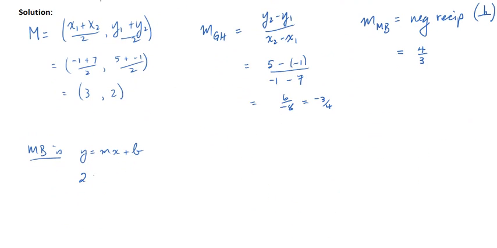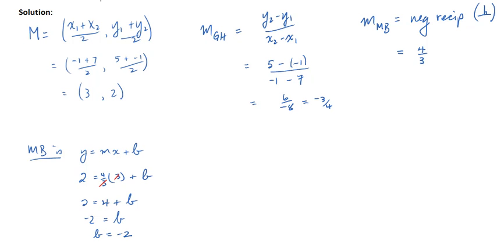So 2 goes there and 3 goes there. The value of the slope is 4/3, and B we don't know. So here, the 3 and the 3 cancel because we're multiplying. So we get 4. 2 equals 4 plus b, therefore b must equal -2.